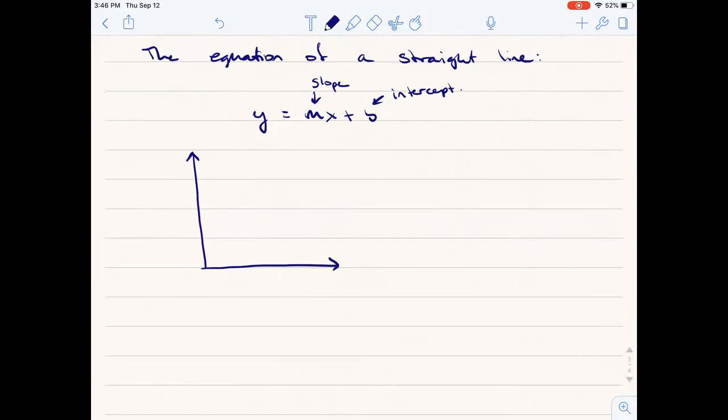You've got your X and your Y axes here, and you've got your line and another line. Whatever the equation is, right? We've got a positive slope and a negative slope.